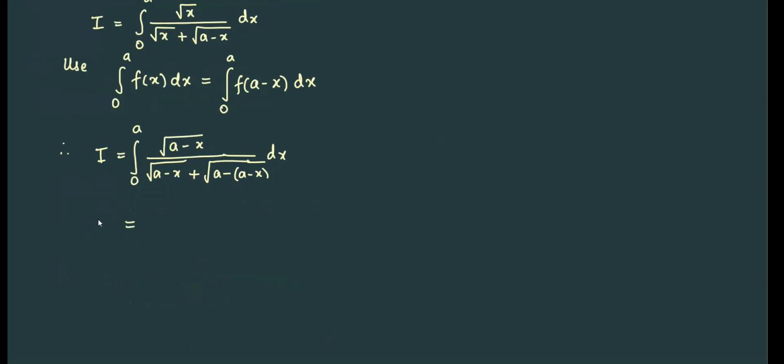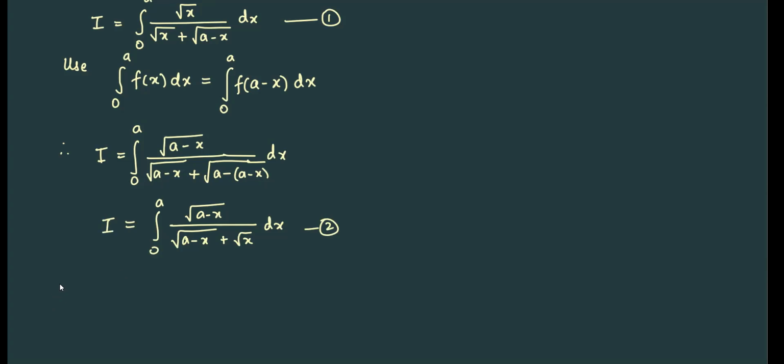So we get integral 0 to a under root of a minus x by under root of a minus x plus under root x dx. So this is the first integral. This is the second integral. Both are equal.